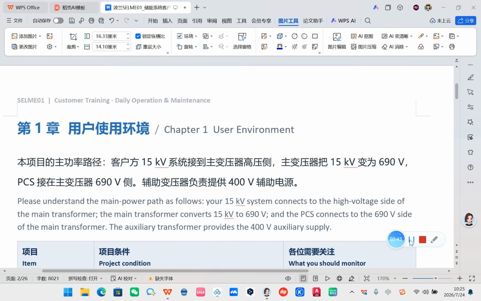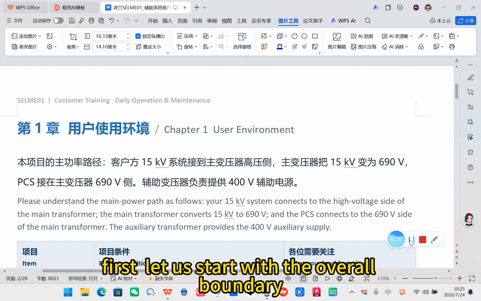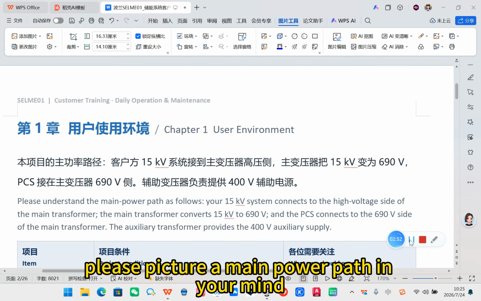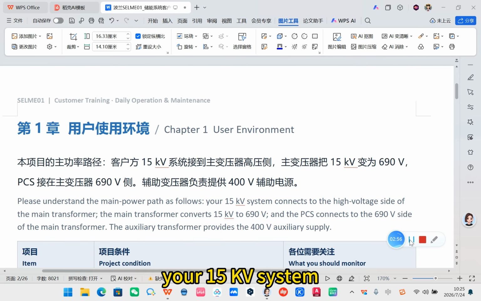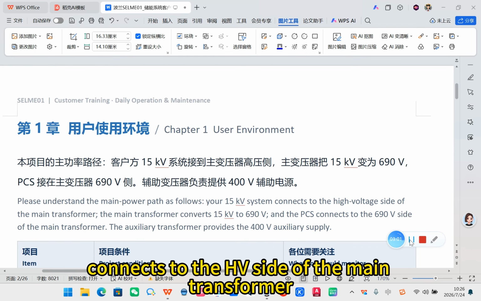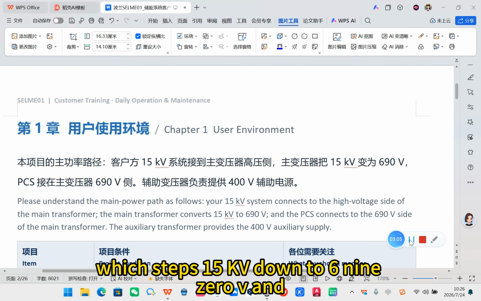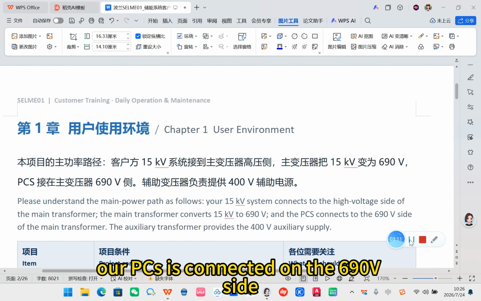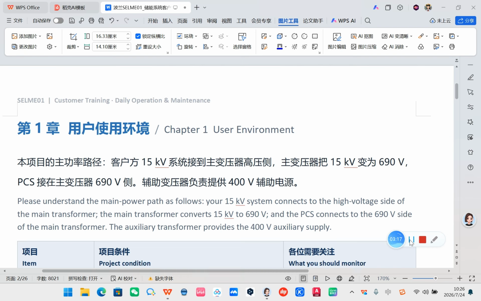The first, chapter 1, user environment. First, let us start with the overall boundary. Please picture a main power path in your mind. Your 15 kV system connects to the HV side of the main transformer, which steps 15 kV down to 690V, and our PCS is connected on the 690V side.